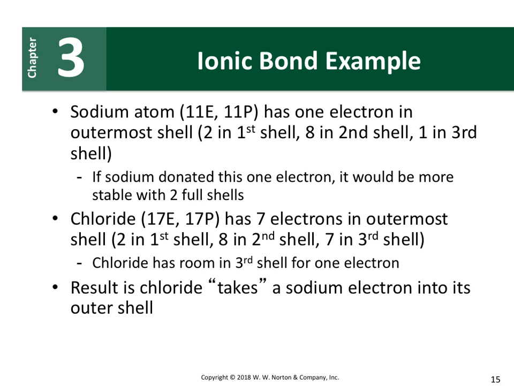And then chloride or chlorine, which has 17 protons and electrons, and then probably 17 neutrons, the most common isotope. And it grabs electrons from the sodium atom. And this is called an ionic bond.